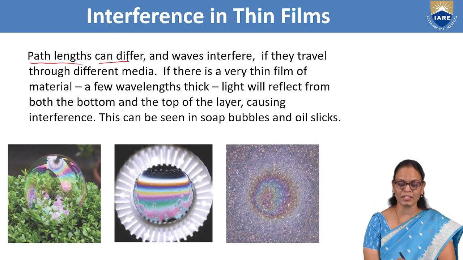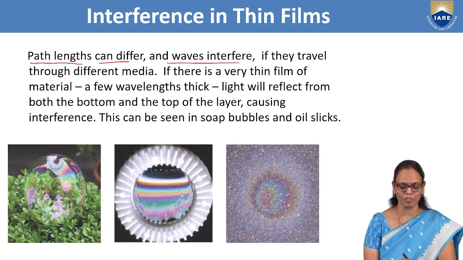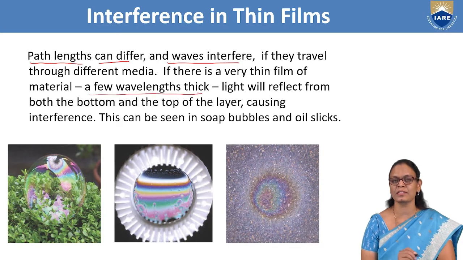When two waves with different path lengths interfere, we get the interference pattern. If there is a very thin film of material, a few wavelengths thick, the light will reflect from both the bottom and the top layer, causing interference. This can be seen in soap bubbles and oil slicks.